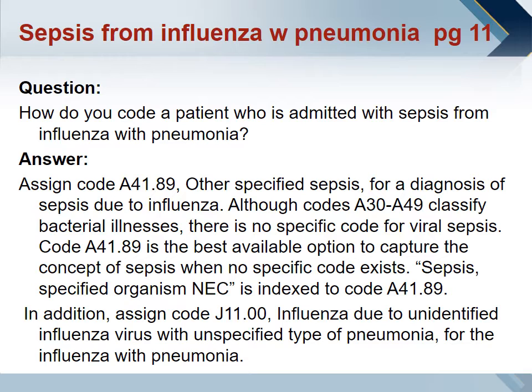In addition, assign code J11.00, influenza due to unidentified influenza virus with unspecified type of pneumonia, for the influenza with pneumonia. So first you assign code A41.89 for the viral sepsis, and secondly you assign a code for influenza with pneumonia to completely describe the circumstances of the clinical condition that you're trying to report.